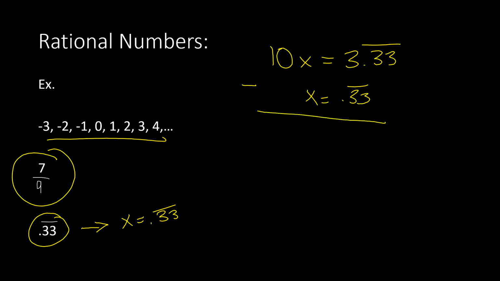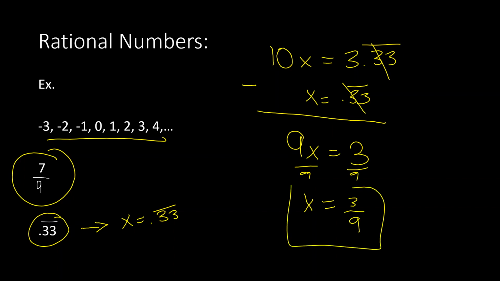We get 9x equals 3, because the repeating parts cancel out. Then you divide by 9 on both sides, and you get x equals 3/9. And as you can see, this is a fraction. So that is why 0.33 repeating is an example of a fraction. There are other continuous decimals that can be represented as fractions, but this is just one example.